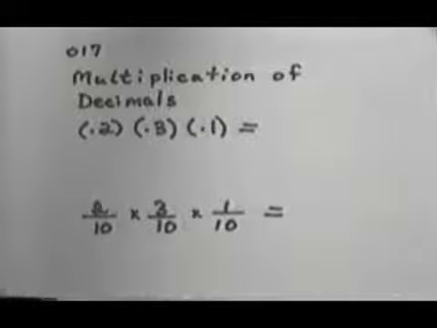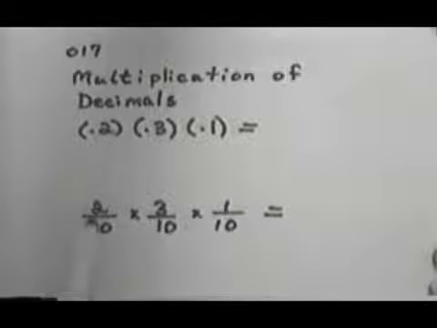So I'm going to rewrite the problem. 0.2 is actually 2 tenths. 0.3 is 3 tenths. 0.1 is 1 tenth. So what I really want to know is what 2 tenths times 3 tenths times 1 tenth will give us. Now when we multiply with fractions, we just multiply numerators together and multiply denominators together.